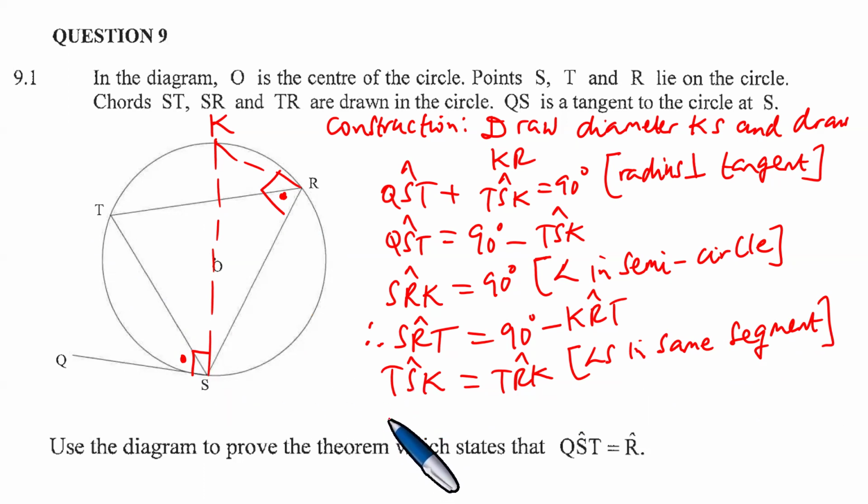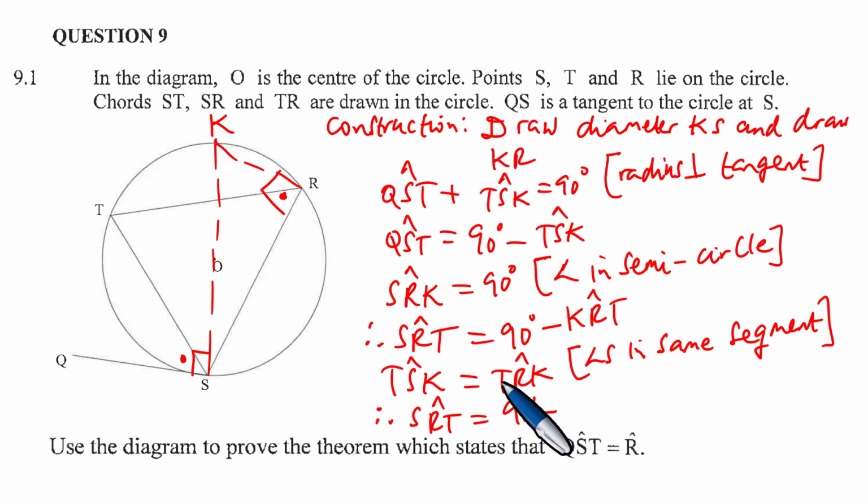So in the end, what do we then have here? In the place of the angle KRT, you can put TSK. So we can say, therefore, angle SRT is equal to 90 degrees minus the KRT.